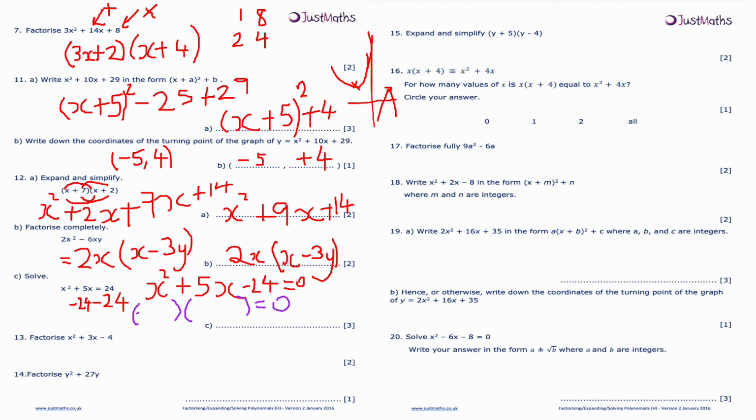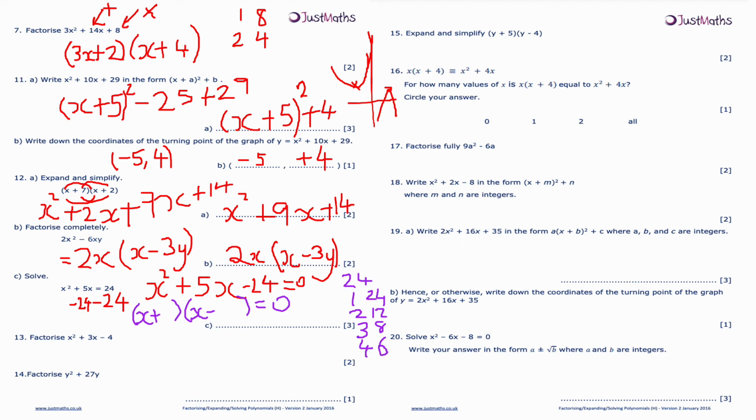x and x go there. It's going to be a plus and a minus because I've got a negative 24 there. So the factors of 24 are 1 and 24, 2 and 12, 3 and 8, 4 and 6, and they are my factors of 24.